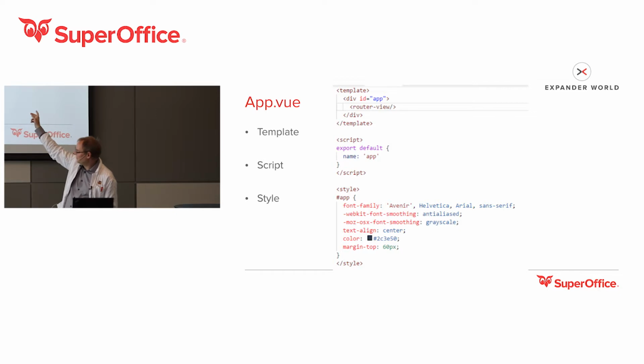So router view is replaced with whatever the router thinks is the current view. The script basically declares itself as saying, my name is app. I don't have any particular content, any particular logic. And then style is just doing a bit of fonting, making sure everything looks nice and smooth. So far, so boring.